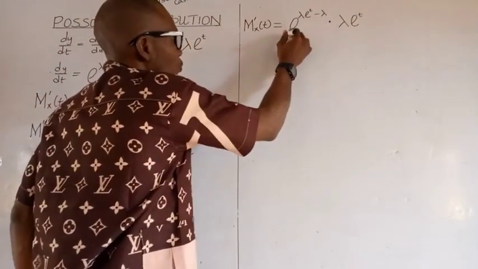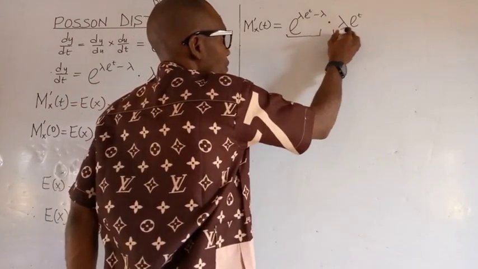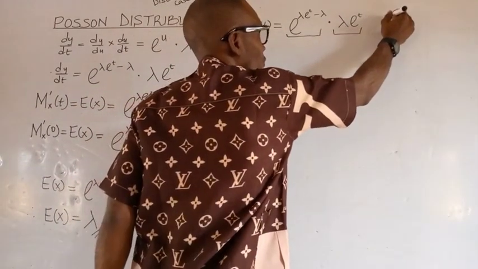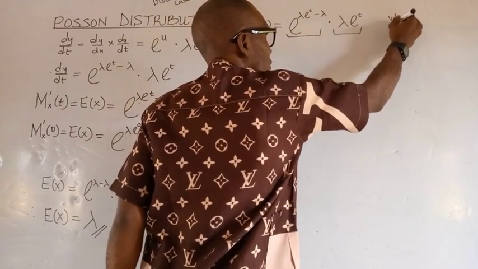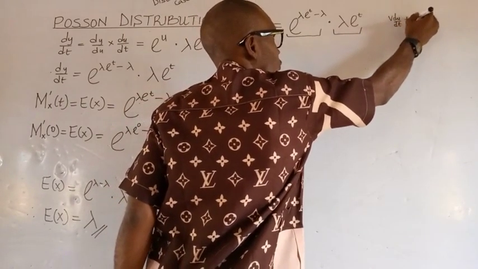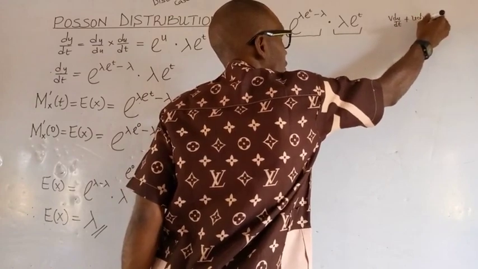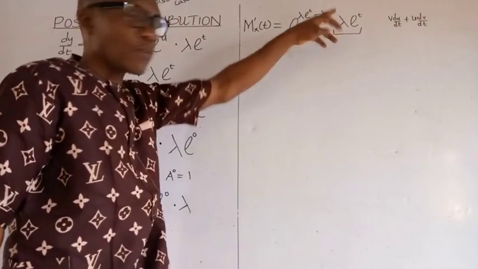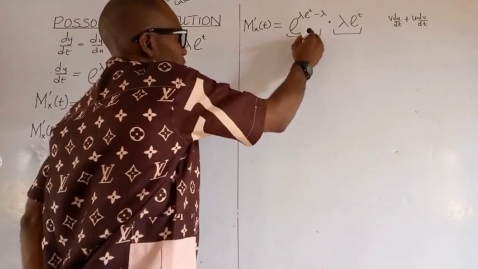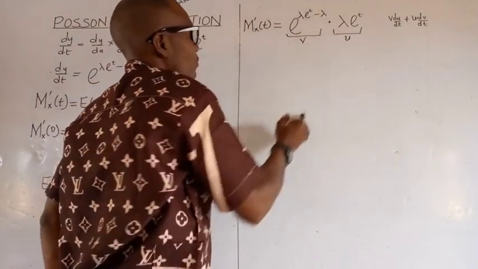From the product rule, we take this as a function and this as another function. We use v du over dt, since we are differentiating with respect to t, plus u dv over dt. Let this be our v and this be our u.